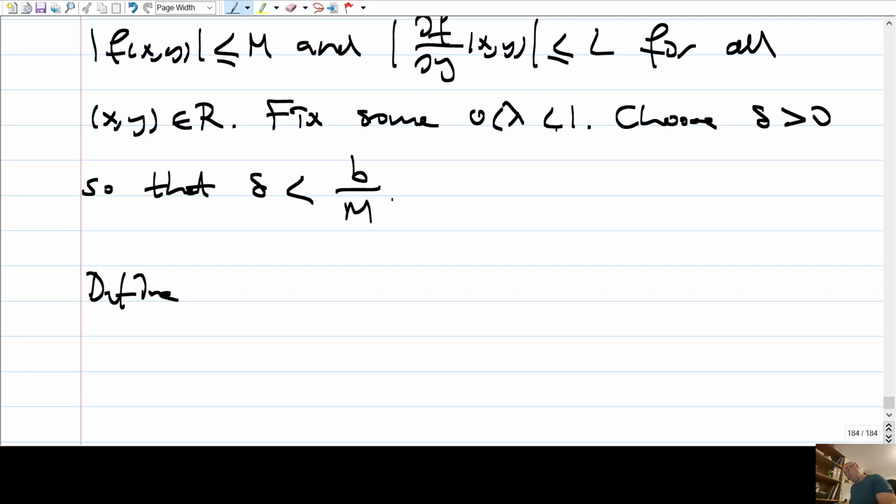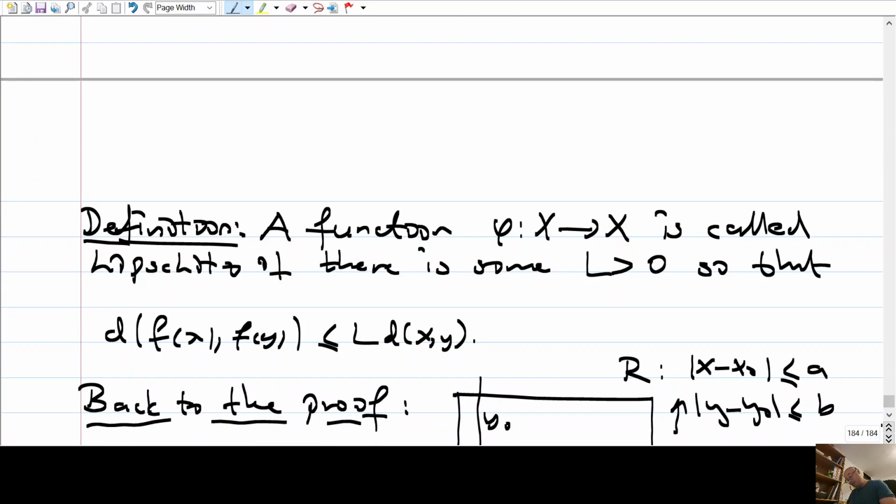Yeah, I want lambda less than 1 over L. So we want to choose this delta to be less than b over m and 1 over L. How will I do this?